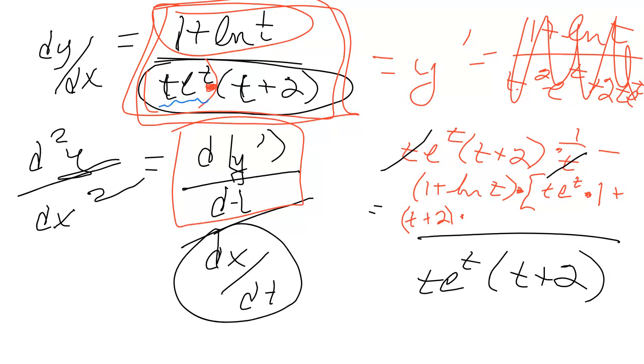I have to use the product rule again. So it's the first times the derivative of the second, which is t e to the t, plus the second times the derivative of the first, t plus 2. All right, so let me try and rewrite this better down here.